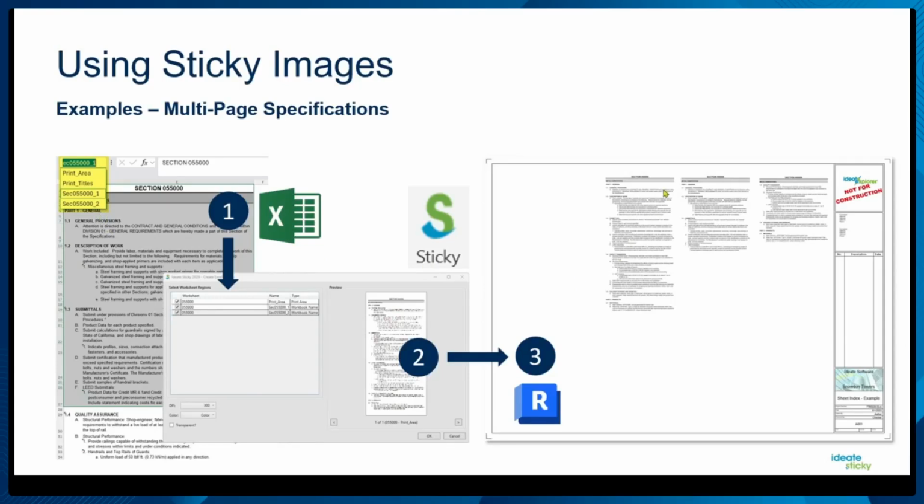And over to the right here, you can see with the first sticky, it covers the full workbook. And then the second one is a reduced section. And then again with the third example. So there are controls in Excel where you can target regions. And then when you bring that over into Revit, you can select that region in Ideate Sticky and then link that in.